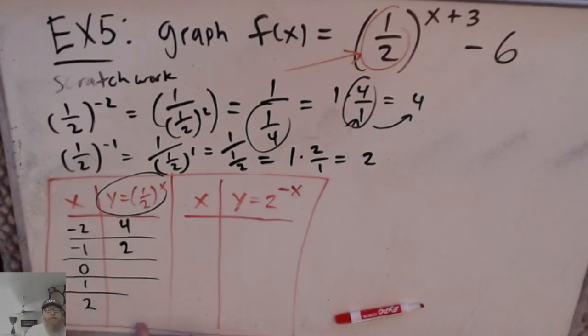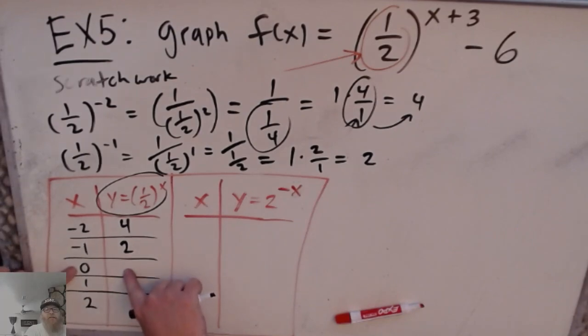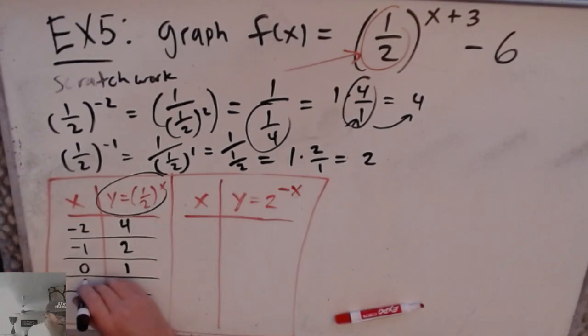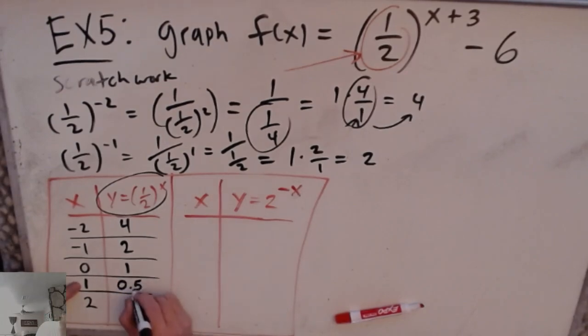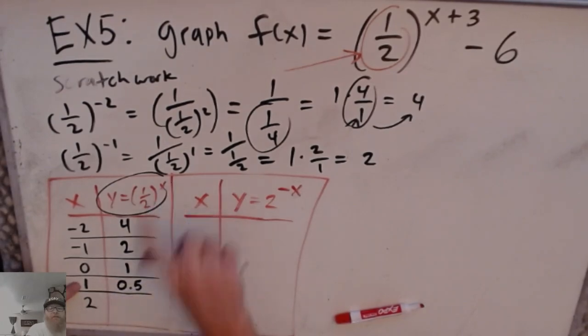The rest of them we can do without any scratch work. Remember, 0 is a free answer. Anything to the 0 power is 1. 1 is kind of a free answer too. Anything to the 1 power is just itself. So 1/2 to the 1 power is still just a half.